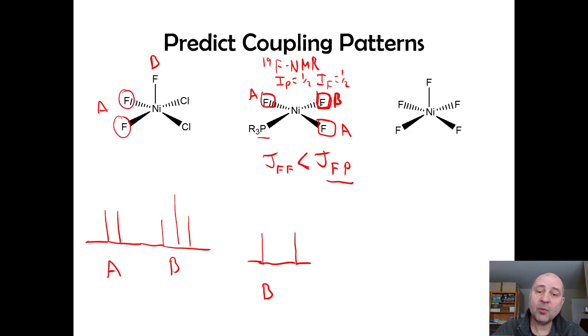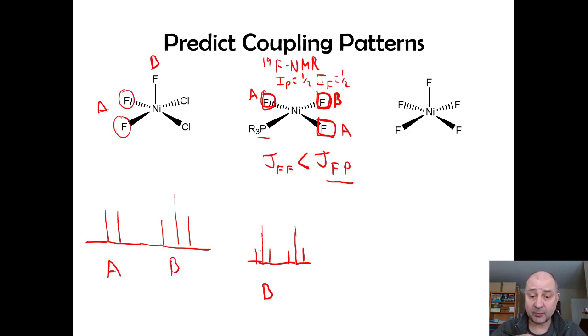And then the weaker fluorine coupling is going to split. There are two groups, so that's going to be a triplet. So it's going to be a doublet of triplets. You can go straight to a doublet of triplets, but if you do this step by step, it might help you to draw this doublet first and then turn each of these doublets into a triplet.